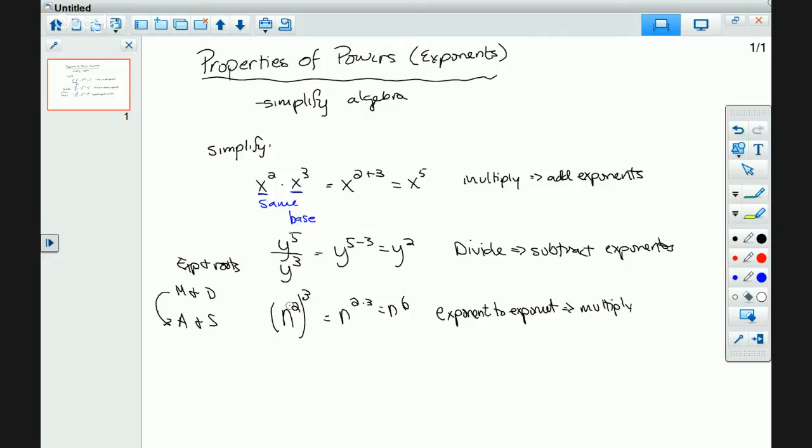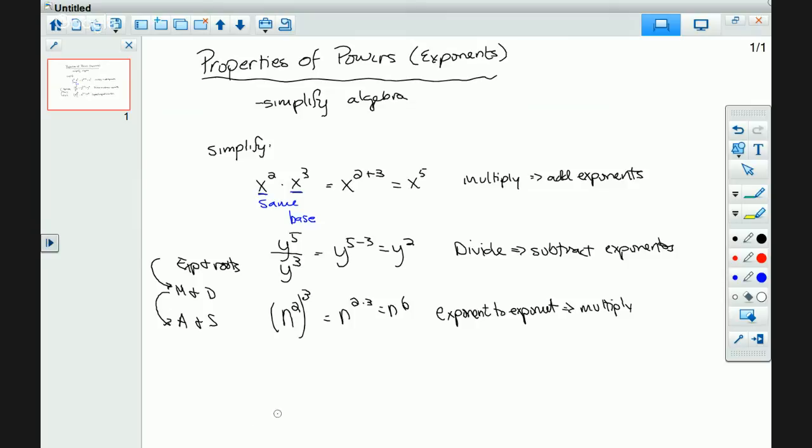So if I'm multiplying here, I need to add the exponents. That's one step lower on the arithmetic scale. If that helps you, you can use it. Otherwise, you just memorize these.